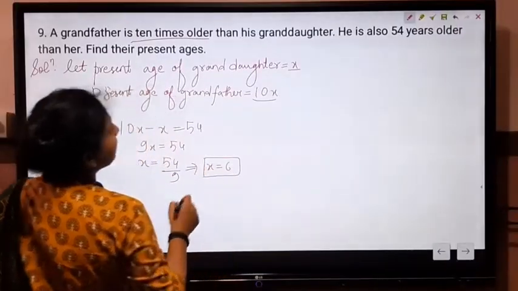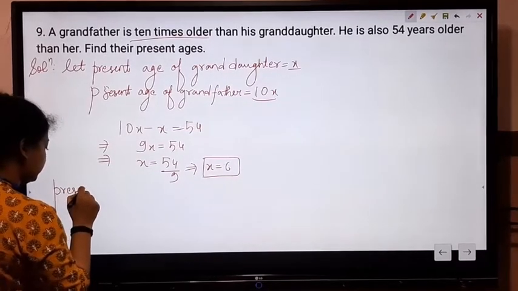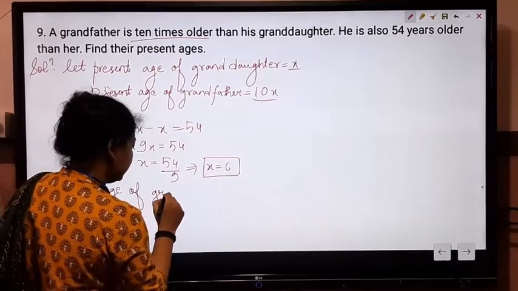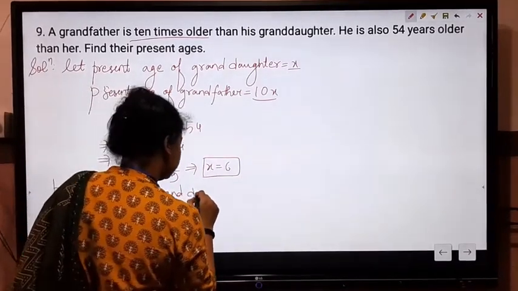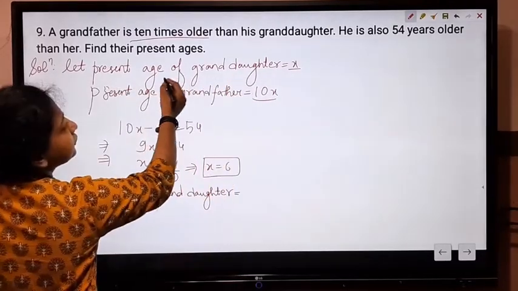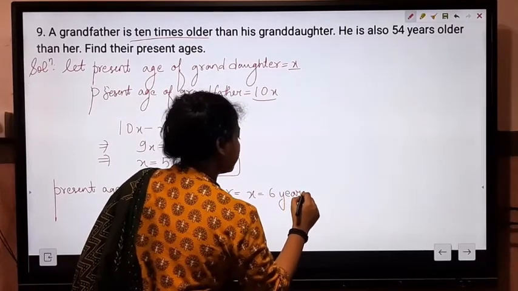This implies x equals to 6. We have to find their present age. So present age of granddaughter. We consider the present age of granddaughter to be x. So this is equals to 6 years.